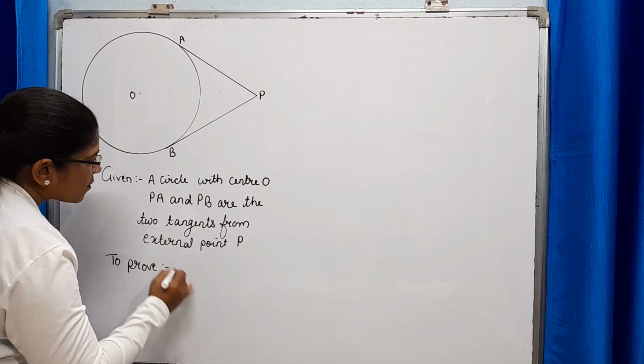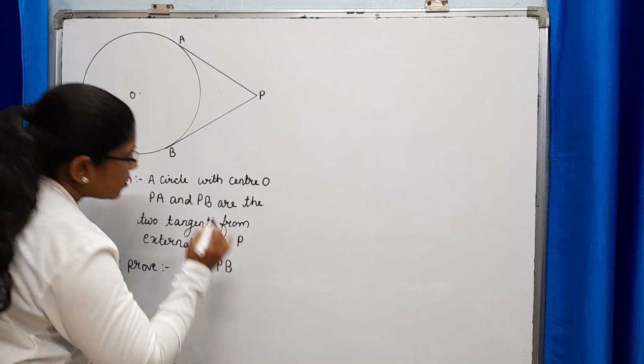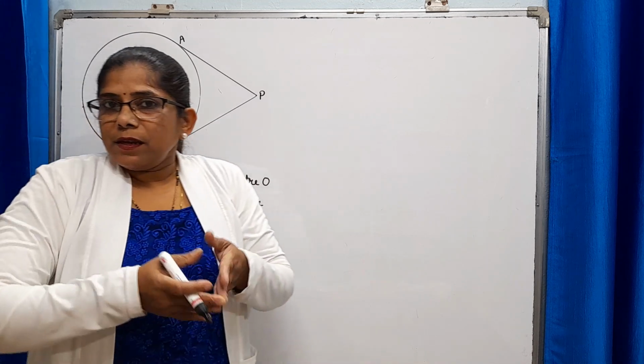To prove: PA is equal to PB, means we have to prove that these two tangents are equal.